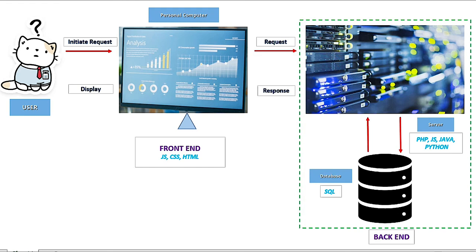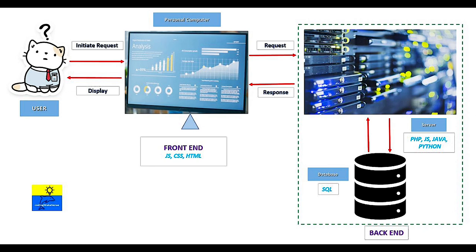Databases will provide that information back to server. SQL language can be used for this process. Server will process the information and send it to your display. This is where you will be able to see this information that you initially requested on your computer screen.